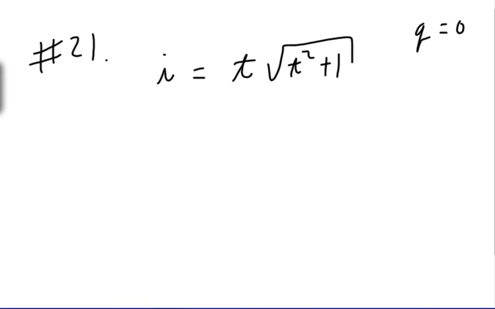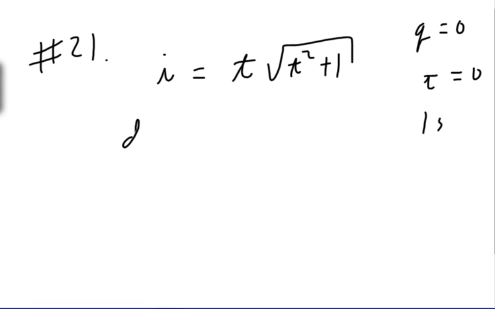No, we don't. The current in a given circuit, I, is equal to t times the square root of t squared plus 1 amps. Find the charge in coulombs that passes a given point in the circuit after 1 second. So Q is 0 at t equals 0, and we want to find it at 1 second.